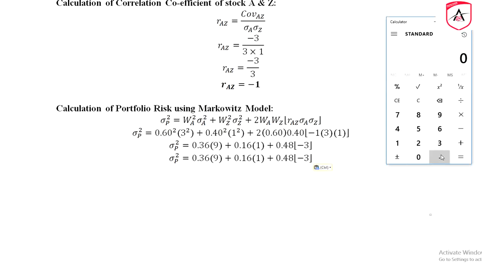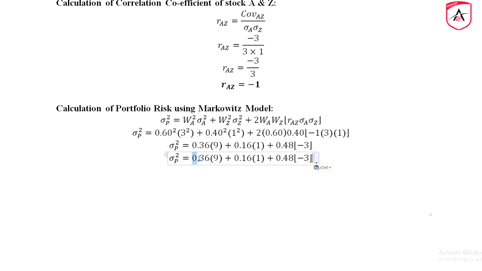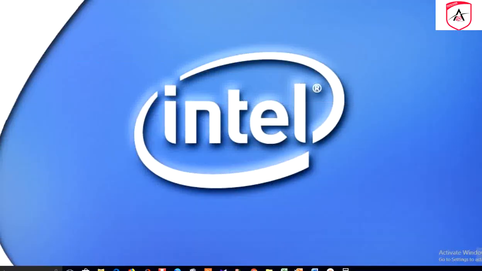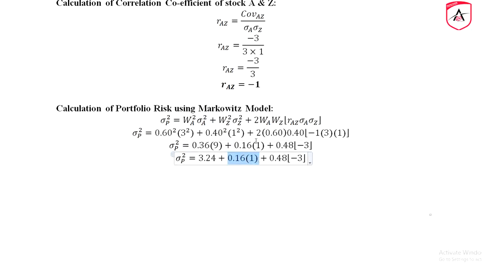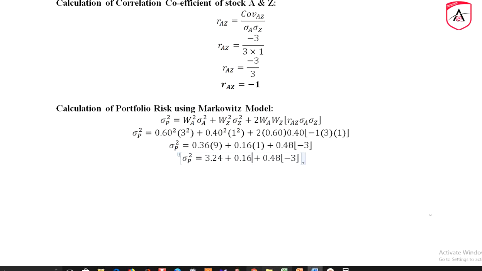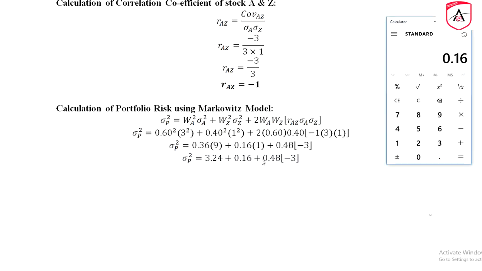0.36 into 9 is going to be 3.24, and similarly 0.16 into 1 equals 0.16. Next, minus into plus is minus, 0.48 into 3 equals 1.44.